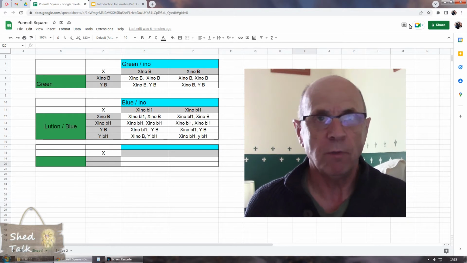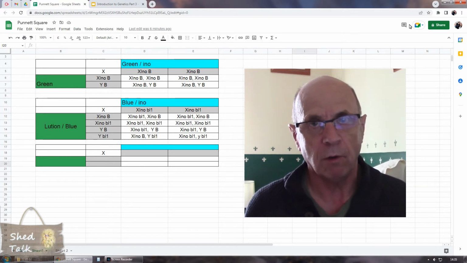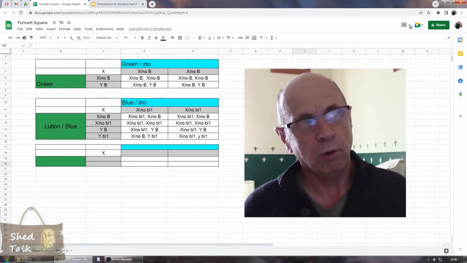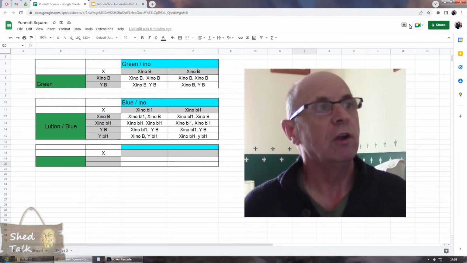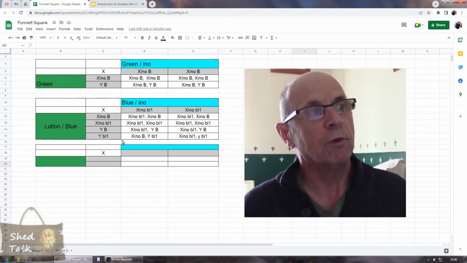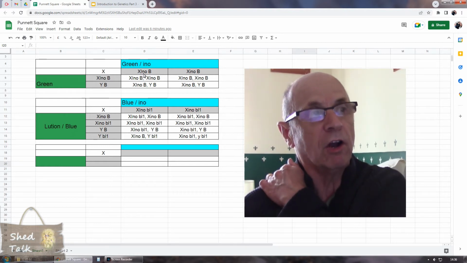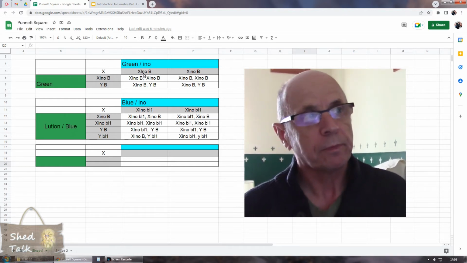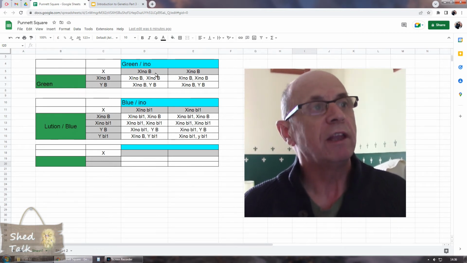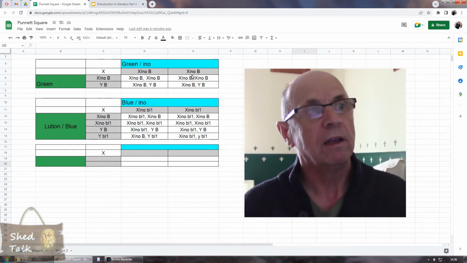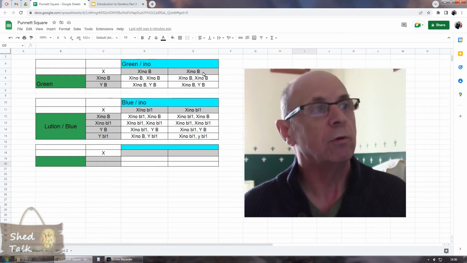You'll remember from the previous video, where we looked at predicting multiple genes, we will need to consider both of those genes. So along the top for the cockbird, we've got the X non-mutated INO allele and the non-mutated blue allele, and then we've also got the mutated INO allele and the non-mutated blue allele.